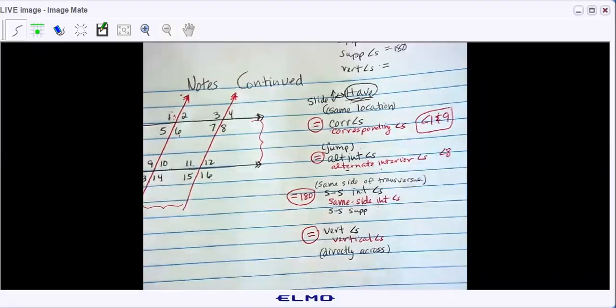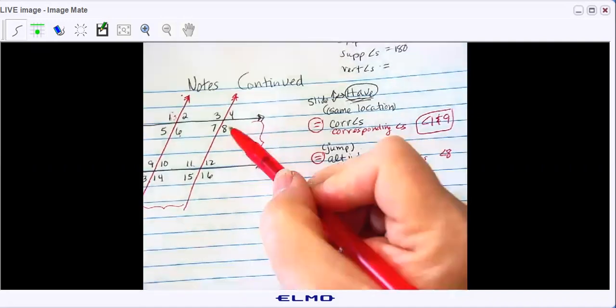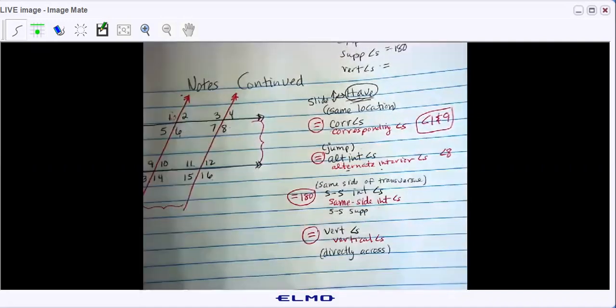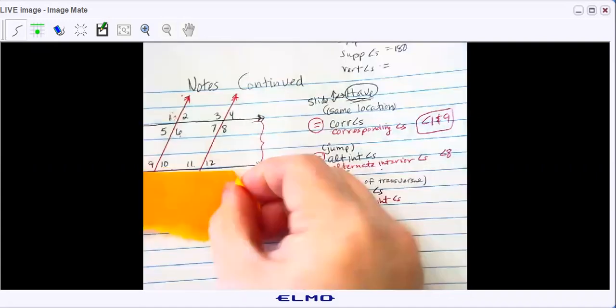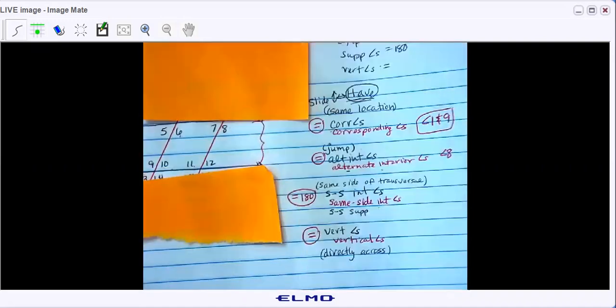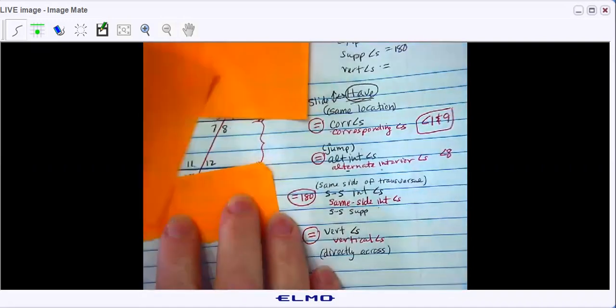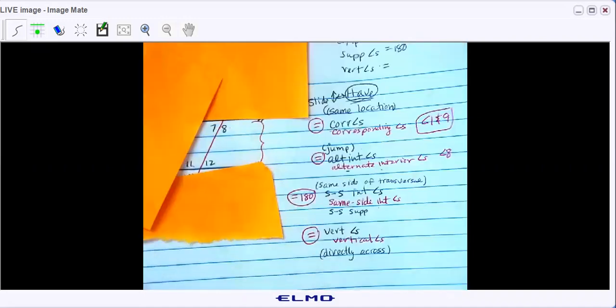So if we look at angle 8, we need it to be interior, so in between the 2 parallel lines. So what I'm going to do is use my papers and block this off. We're going to cover up one of the transversals, and then look at just between the 2 parallel lines.